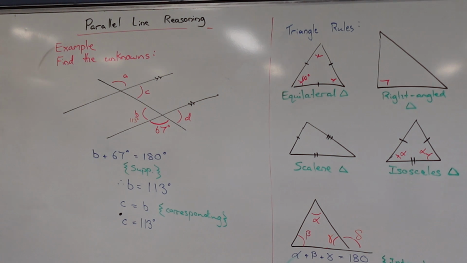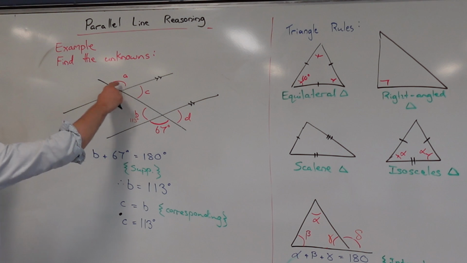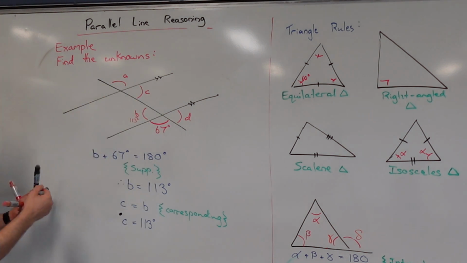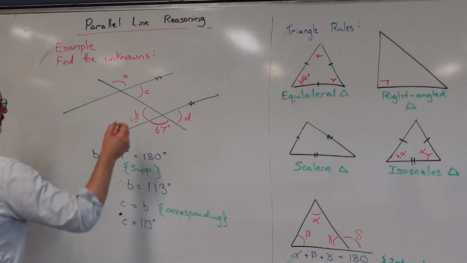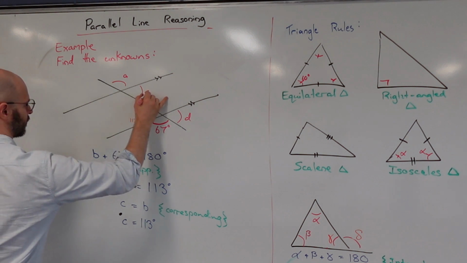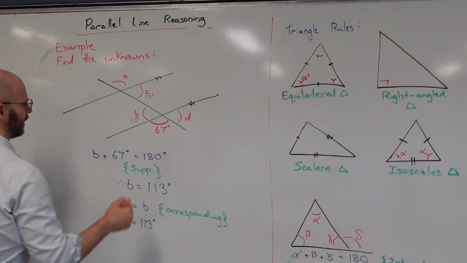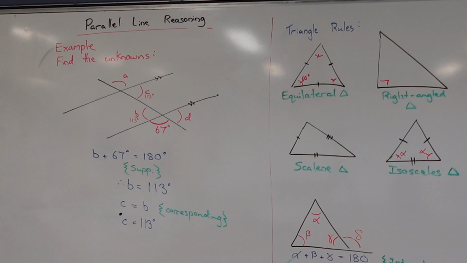Cool? Next one. What else could we learn? We could learn A. How does A relate to any of these known angles here? We can relate A to C. We could relate it to C, and that would be what relationship? Supplementary. So done. How else could you do it without using supplementary?